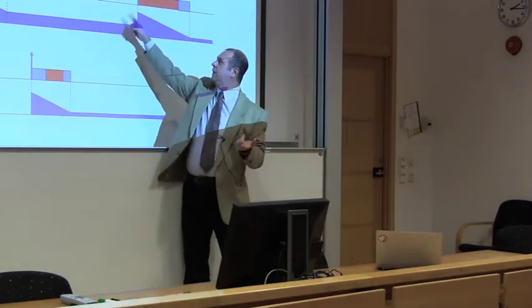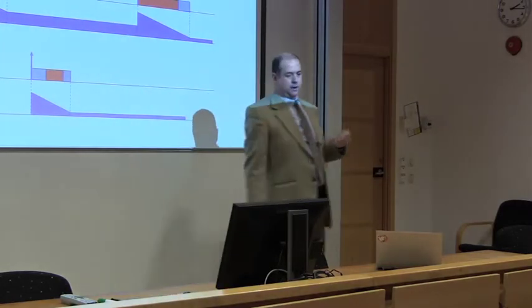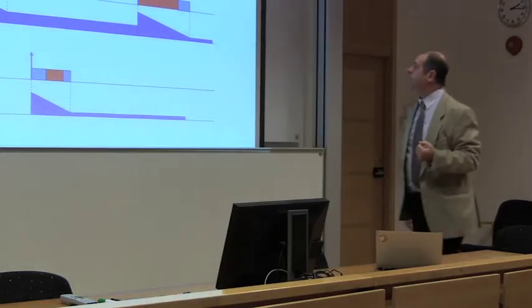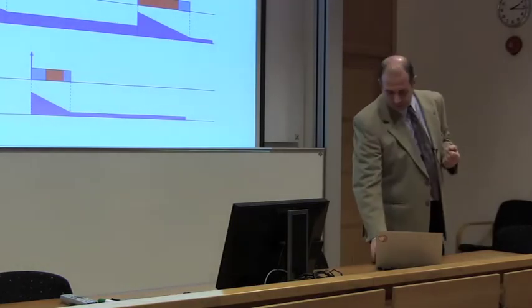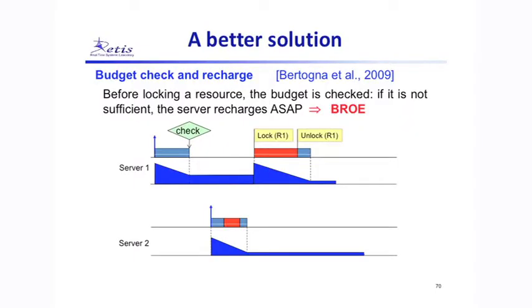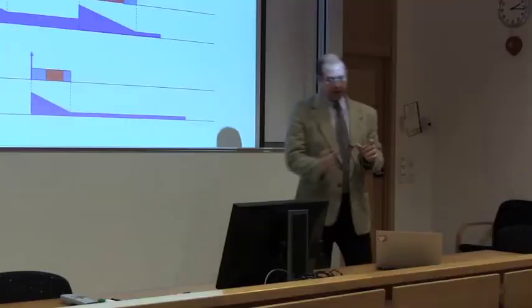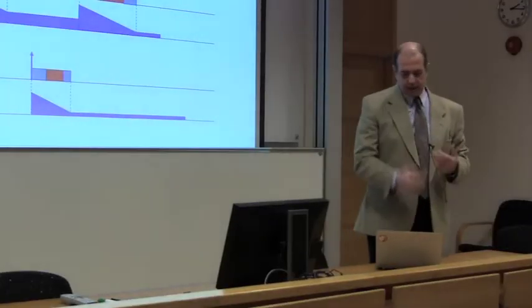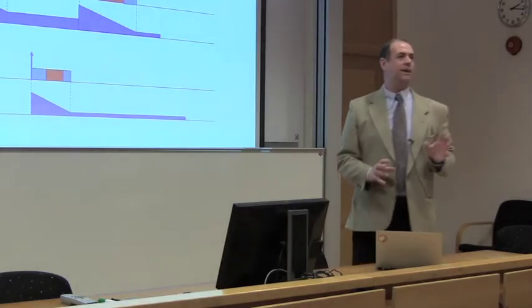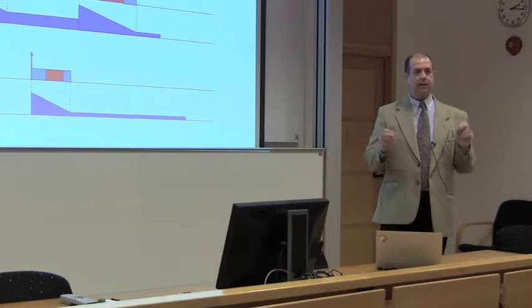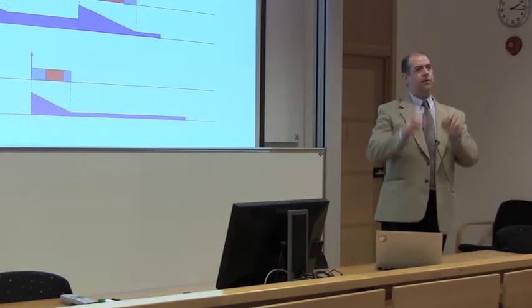But then you introduce a longer delay, and this is an approach considered by a group from Halmstad University. And another approach tries to perform a budget check, but tries to advance as much as possible the next replenishment in order to reduce as much as possible the waiting time. So there are several approaches, but this problem needs to be taken into account because in reality, different applications use the same resources.